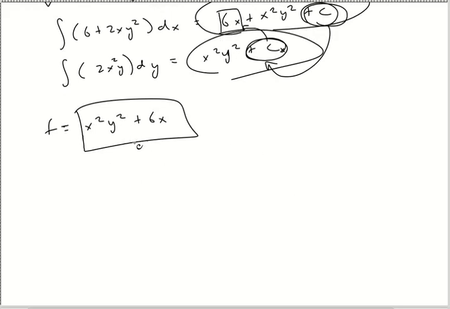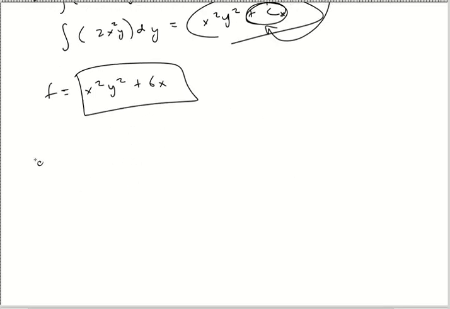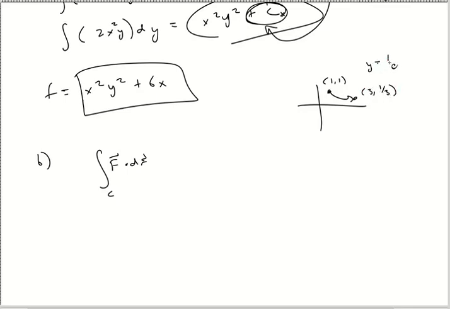And so that's part A, essentially. You're done there. Very good. Keep moving. So it now says find F dot dr over that curve. So this is different. You could go back and try to make a parametric equation going from 1, 1 to 3, 1/3 along the line of y equals 1 over x.